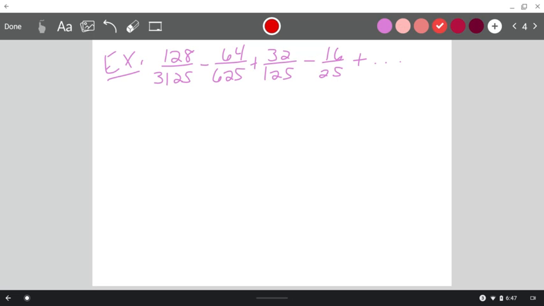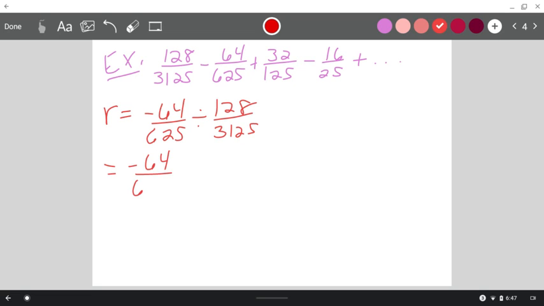In this set, we need to find r, first of all, to see if it can even be calculated. So r is the second number divided by the first. Since we're dealing with fractions, let's just go ahead and write them beside each other like this. Divided by the first, which would be flip it and multiply.